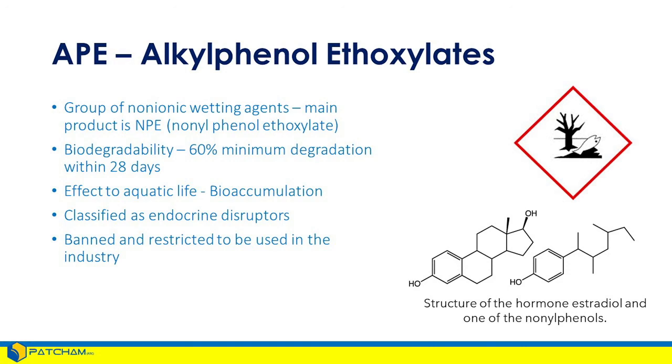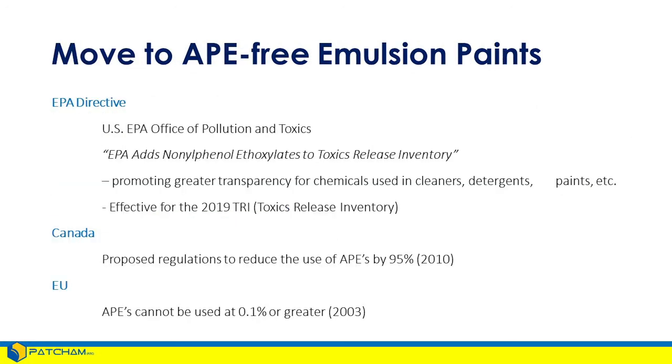And this is very challenging because APEs account for 98% of the global manufacturing of the surfactants that were made. About 10 years ago, it was probably 99%, but that percentage is coming down. It's used in everything. And so our industry is driven to move toward APE-free or lower levels of APE emulsion paint.